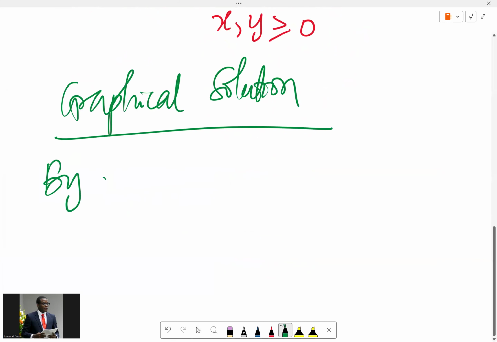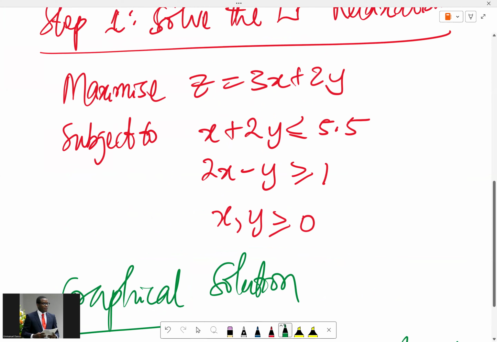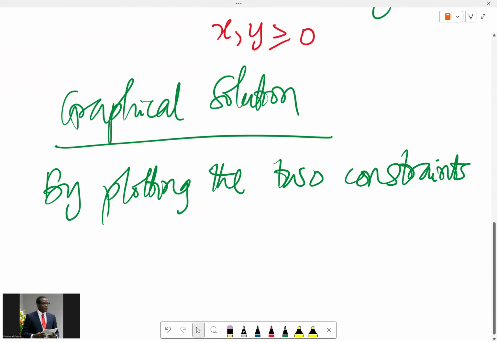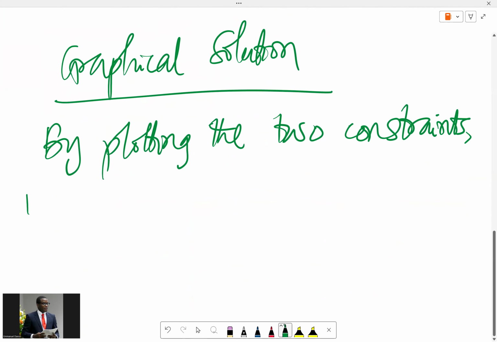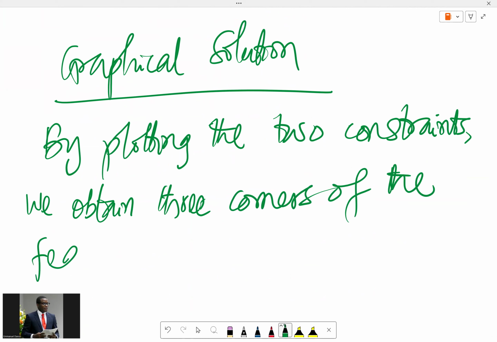By plotting the two constraints, you saw how I plotted the two constraints on Desmos. Normally, I explained how to do that manually in a couple of videos, so you may want to revisit that. So by plotting the two constraints, we obtain three corners of the feasible region.